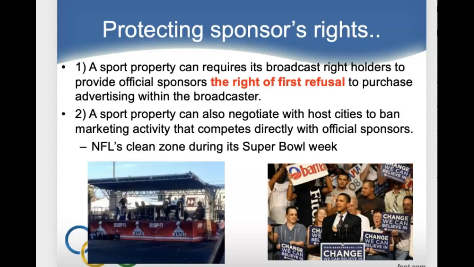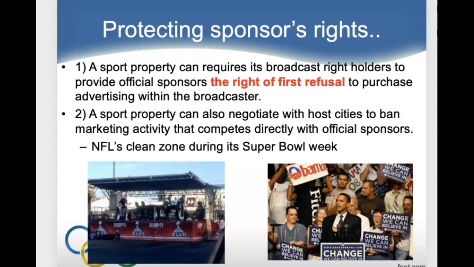The second strategy is that the sports property negotiates with the host city to try to ban marketing activity that competes directly with the official sponsors. One example is the NFL. During Super Bowl week, it has clean zones.